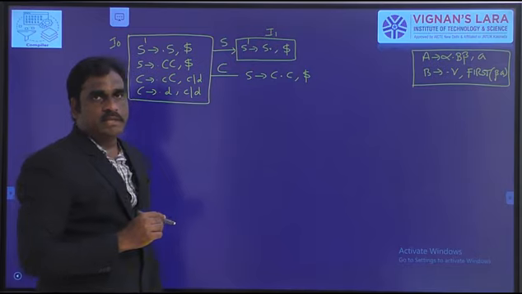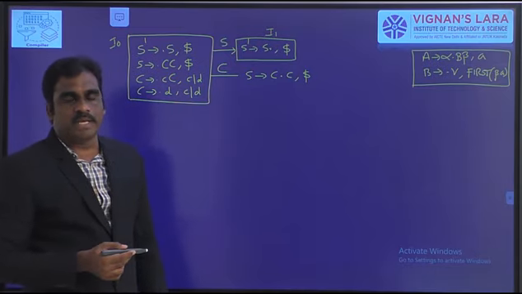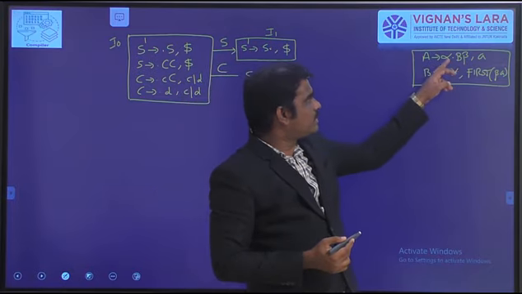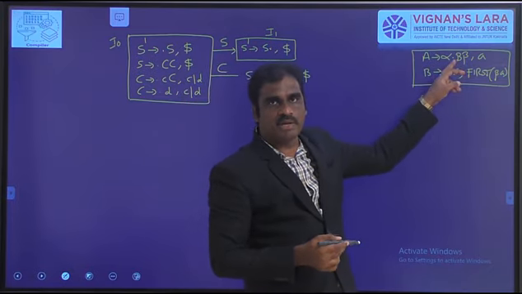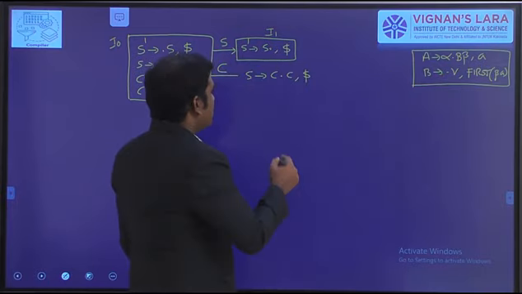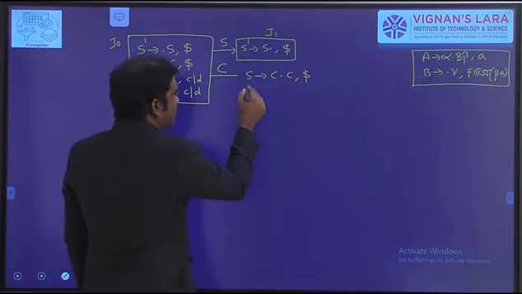Now apply the closure set operation. What is the closure set operation? Suppose the dot is followed by a non-terminal, then we have to write the productions also. In this case the dot is followed by C, a non-terminal.